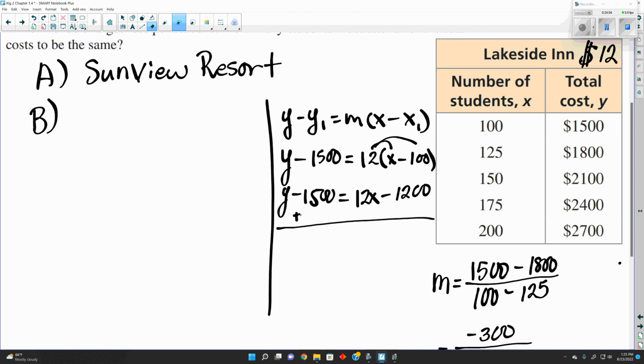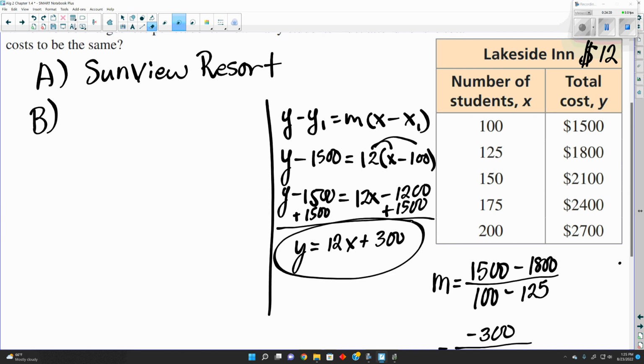To get y by itself, we would add 1500, or really we're subtracting 1200 from 1500, telling us that we get 12x plus 300, or that the initial cost, the y-intercept, is 300. Same exact thing, it's just not written in the mathematical way. Because again, if you got to this equation without doing these steps, that's fine.